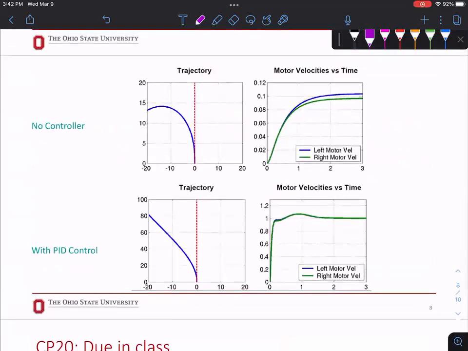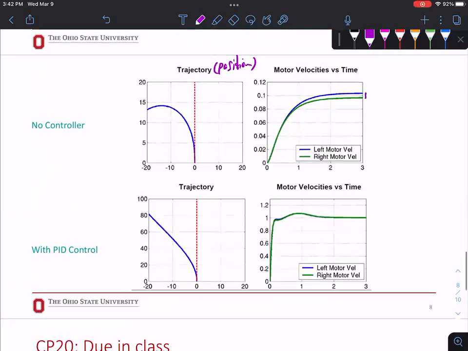So the first graph that we saw, the trajectory, is position. If you think about the trajectory of the robot, instead of going on a straight line, it went on a curved line, right? If you look at the velocity of each wheel, you will see a difference. If the blue one is the left motor, it means the left motor is spinning faster.